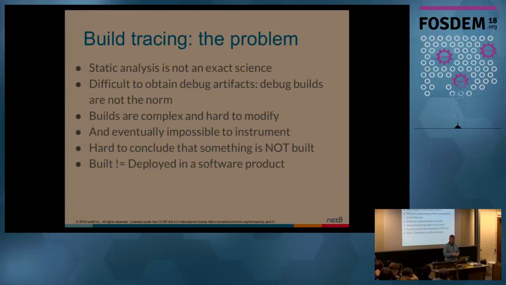The other thing is that it's pretty hard to conclude that something is not built. So you have a bunch of code checked out. Let's assume you have everything and you're not fetching anything remotely over the network. How do you know which part of the code is not built?